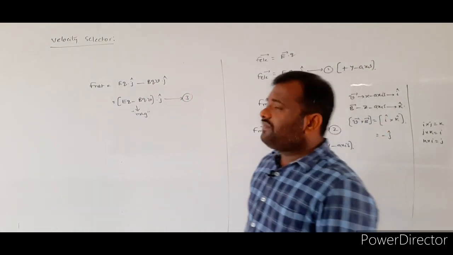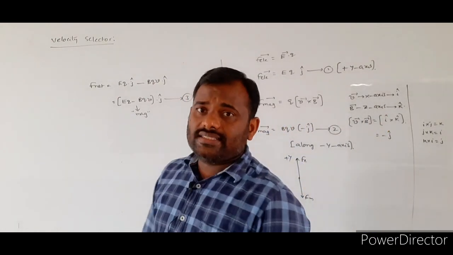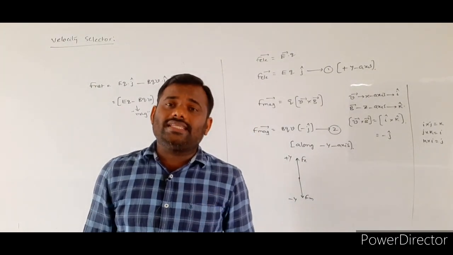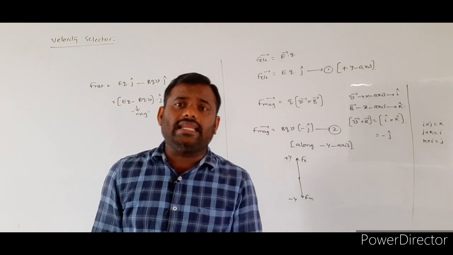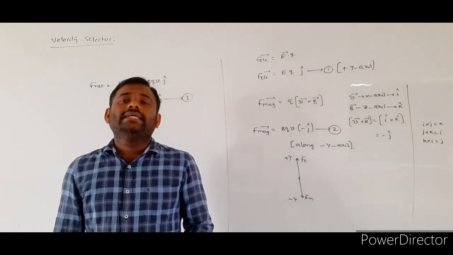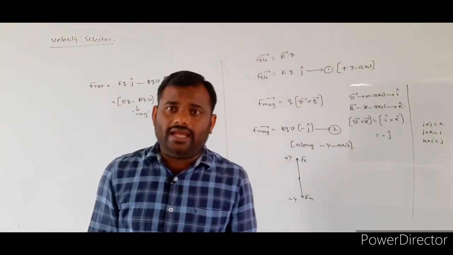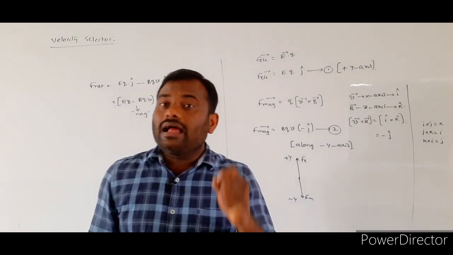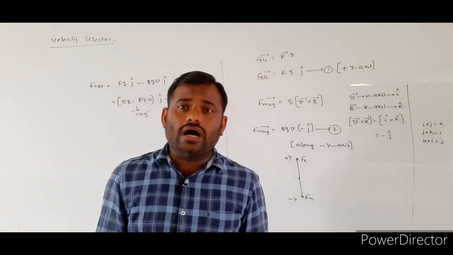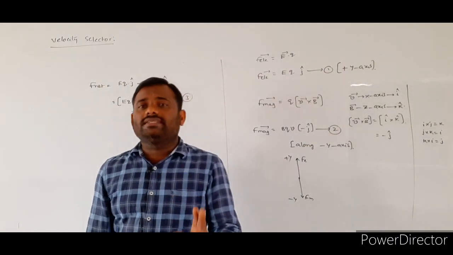But while we were giving the definition of the velocity selector, we told that in the velocity selector, we are assuming that the charged particle should be undeviated while it is passing through the crossed fields.